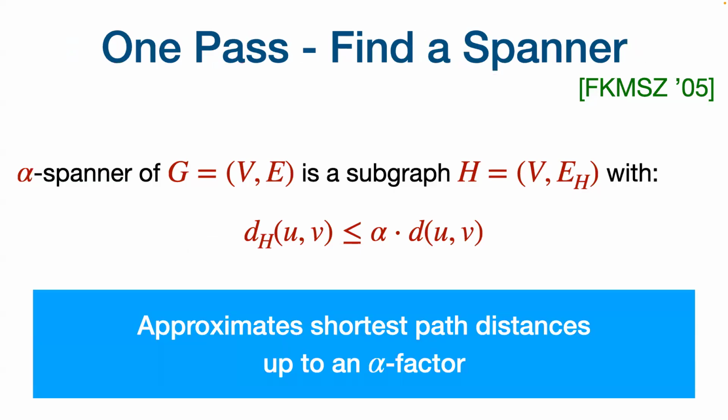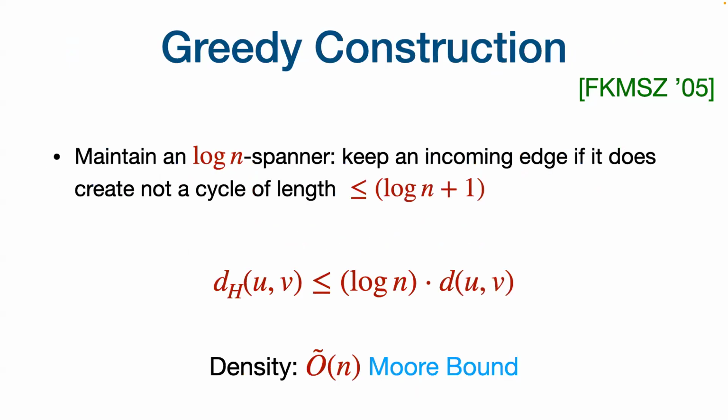And as you can see, it actually is true for every pair of vertices u and v, which means it's going to approximate shortest path distances from your source also. So it approximates these distances up to some alpha factor. And it turns out you can actually store spanners with this log n approximation ratio. Okay, and the algorithm is simple also. You can do it in one pass. And this is essentially what the one pass algorithm does, and you can prove that this is tight.